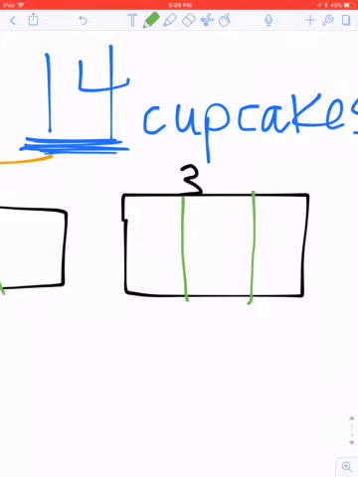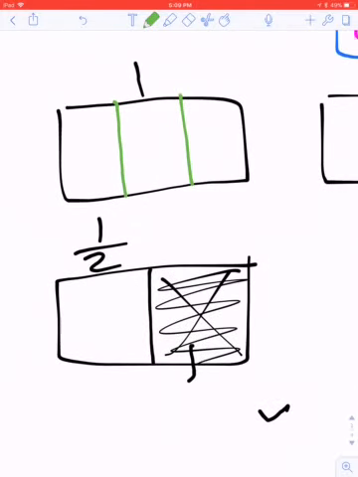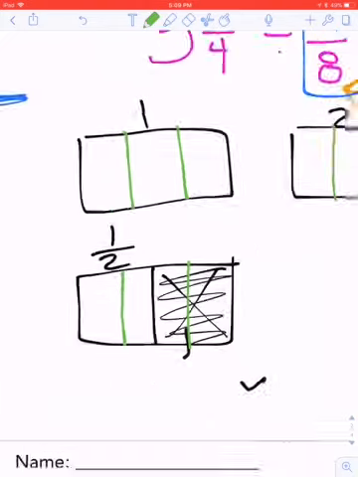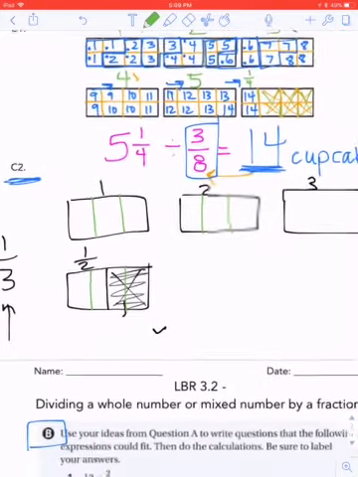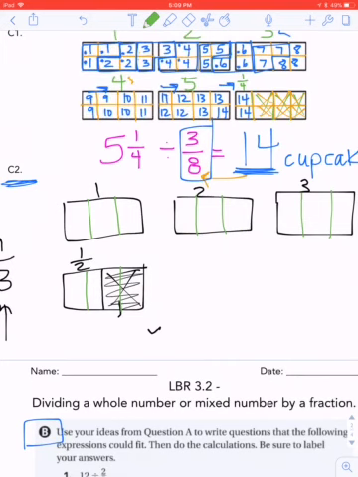Whoops. And this cup into 3. All right. So we're trying to figure out how many 1/3 cups go into this 3.5.